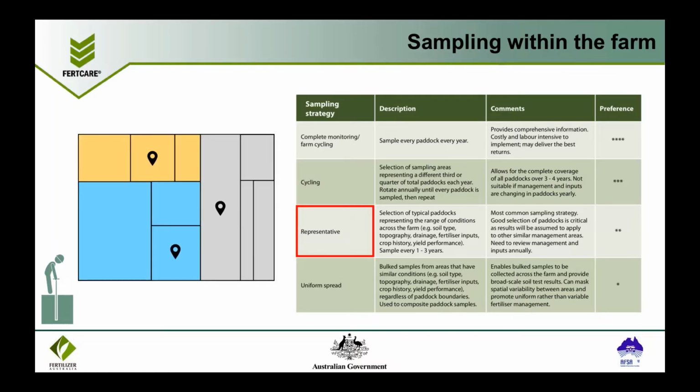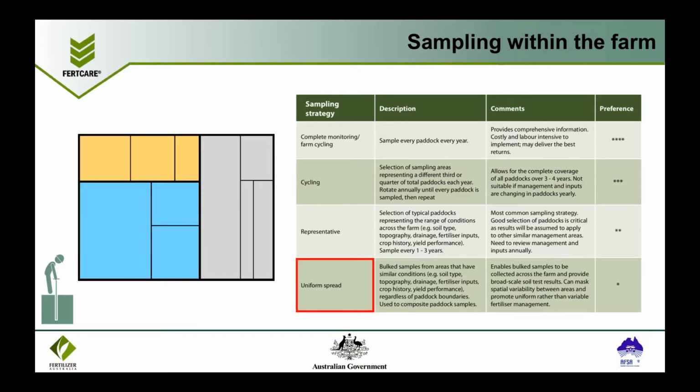Another approach that's used is to take a representative sample. And this is certainly strongly advocated in the dairy industry, where you might identify what's known as a typical or a representative paddock within a zone, and you take a sample within that typical or representative paddock to make fertilizer decisions for the rest of the paddocks within that particular zone.